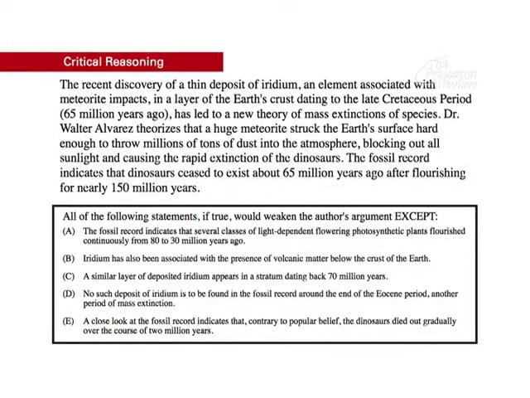So let's take a look at another critical reasoning question. The recent discovery of a thin deposit of iridium, an element associated with meteorite impacts, in a layer of the Earth's crust dating to the late Cretaceous period, 65 million years ago, has led to a new theory of mass extinctions of species.